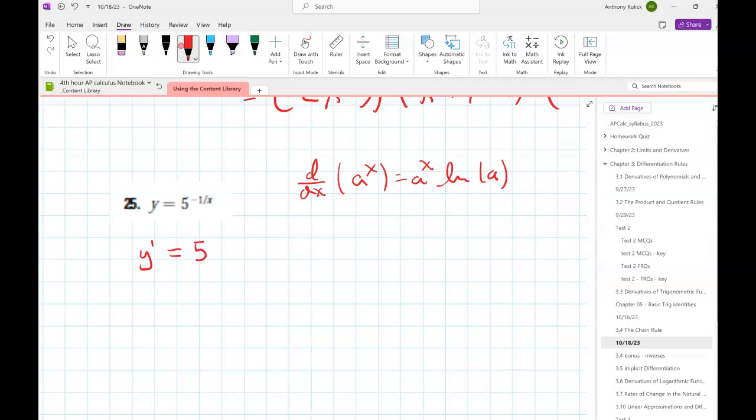So here, the derivative of the outside is that, and the derivative of the inside is just the derivative of negative 1 over x. Now, what's going to be the easiest? How do you want to do the derivative of negative 1 over x? Oh, what if I just think about it as negative x to the negative 1?